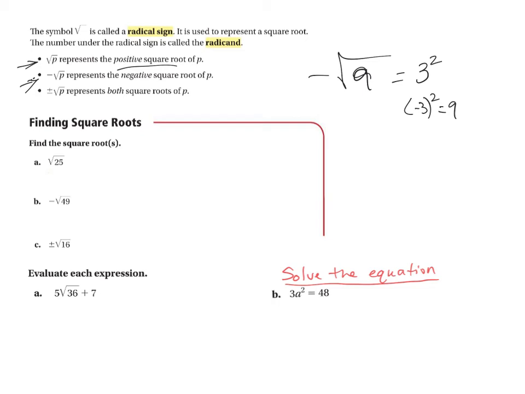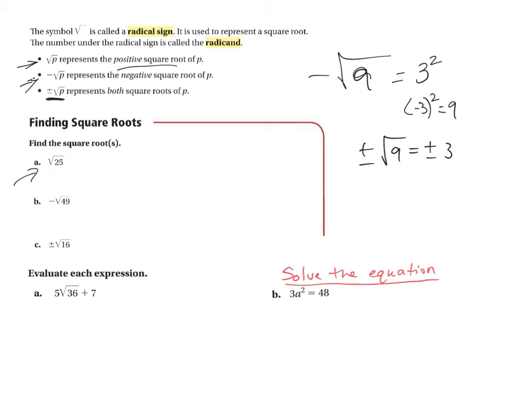But oftentimes what you'll see is this plus or minus square root symbol, and that means it wants both. So if it says plus or minus the square root of 9, then it wants us to say, well, that's plus or minus 3, right? Because positive 3 and negative 3 both get us to 9.